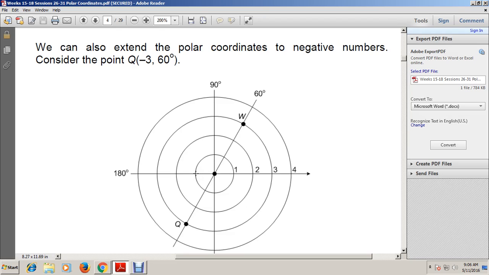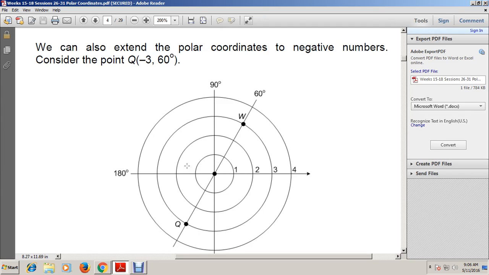That means you will be ending the ray at this point. Now, the 60 degree measure corresponds to this angle here, ending up at point Q at this point, and forming the line segment OQ from our pole or from our origin.